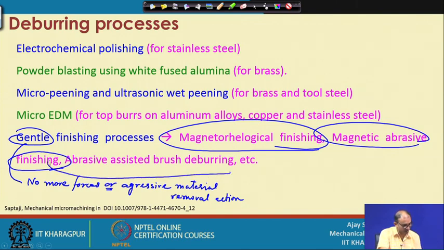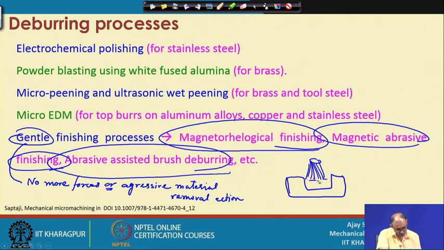Then there is one more thing, the abrasive assisted brush deburring. Then you put the abrasive and put some brush here. Suppose you have one brush, right, and this is your component. You put one abrasive slurry here at this location, and then you rotate this brush at a high velocity. So, what is going to happen is this particular brush will impart some velocity to these abrasive particles, and these particles will strike all the surfaces.